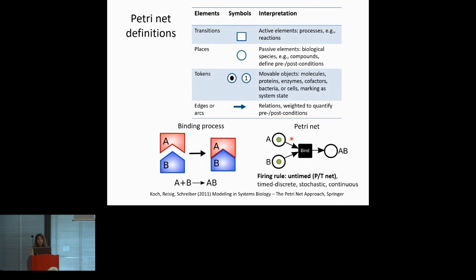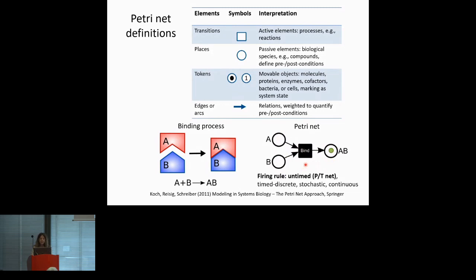If there's no number here on the edge weight, then they have the edge weight of 1, and at least as many tokens on place B. And now the transition is enabled and can take place, and the tokens will be removed at the same time from the pre-places and as they will be produced on the post place. And that takes place according to a specific firing rule.